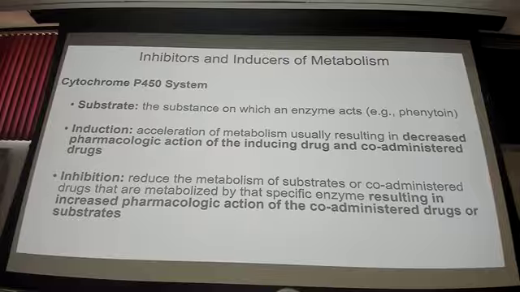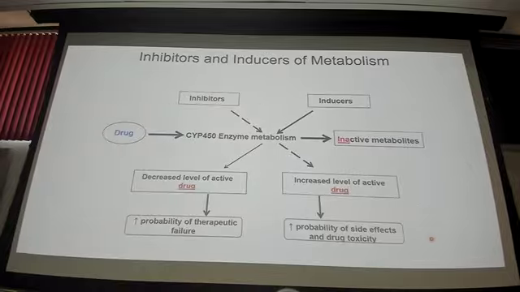In terms of inhibitors of metabolism, inhibitors will reduce the activity of the enzyme and thereby cause a potential increase in the pharmacological action of a drug because it's not being broken down, and that can also lead to potential toxic effects. So, for example, let me back up.